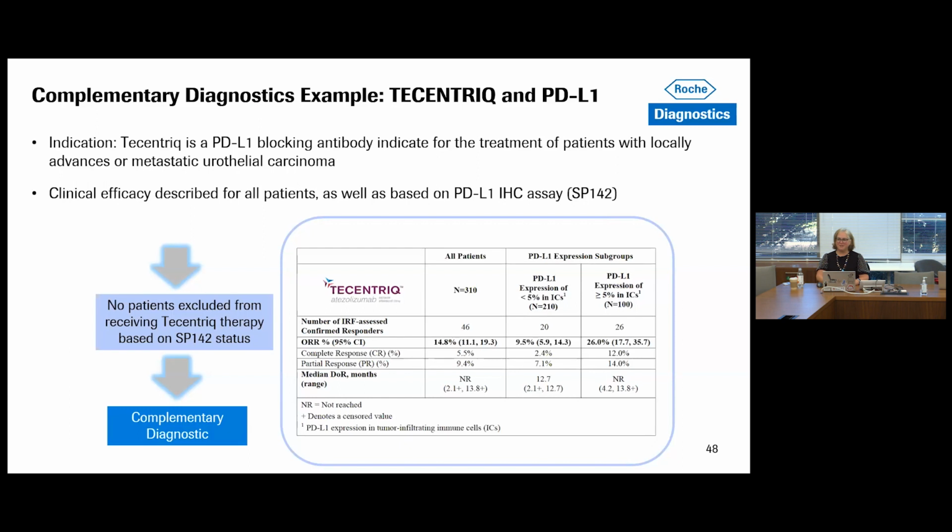However, when the data read out, it was clear that there's efficacy in PD-L1 low as well as PD-L1 high. If you can see the numbers, they're a little bit small, but the overall response rate in PD-L1 low is lower than in the higher expression, but there is still response. And in this case, it's the FDA who decided that this is not a companion diagnostic because this should be offered to all patients.